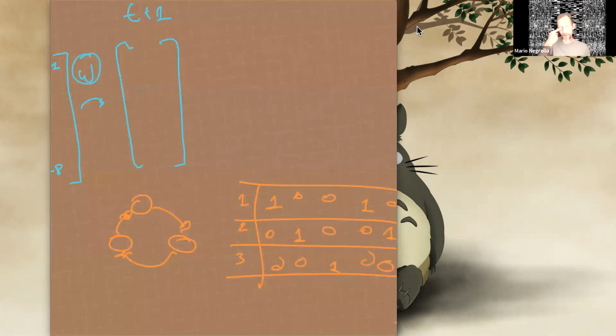This is given sufficient weights, right? And given the appropriate transfer function. You have a sequence 1, 2, 3, 1, 2, 3.